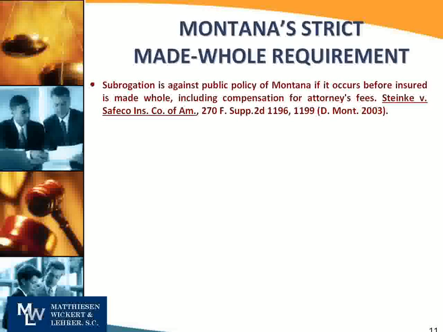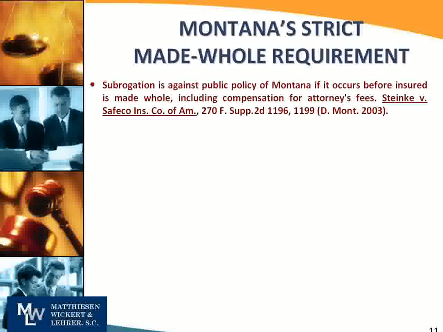Now, that is no different than Wisconsin or Georgia or many other of these made whole states that we'll focus on. But what Montana says is that the made whole doctrine and the full compensation rule applies to attorney's fees, which is kind of crazy because it goes against the American rule that each side is responsible for his or her own attorney's fees.